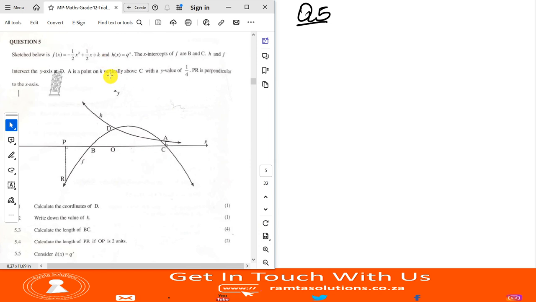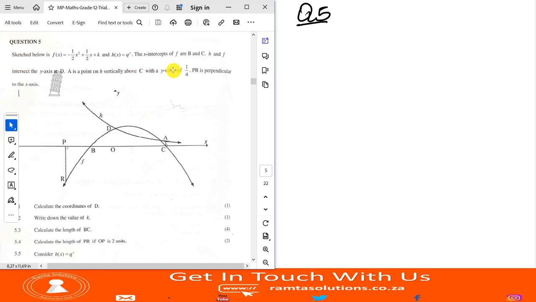A is a point on h vertically above C with a y value of 1/4. Interesting, 1/4. Pay attention to that.